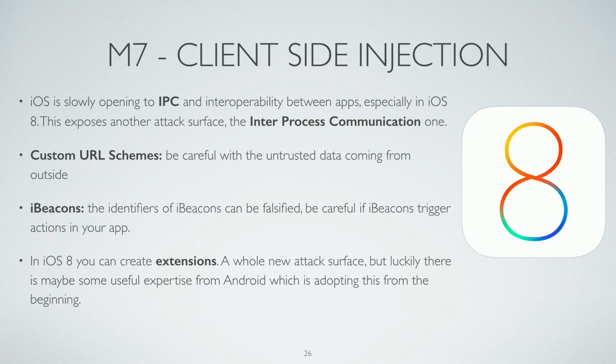With iBeacons, we must be careful, because an iBeacon's ID can be spoofed, and so if an iBeacon is triggering costly actions in our application, this can be spoofed, and our application can be tricked. And as I said before, now there are extensions, so we must take into consideration that our application can communicate more with other ones.